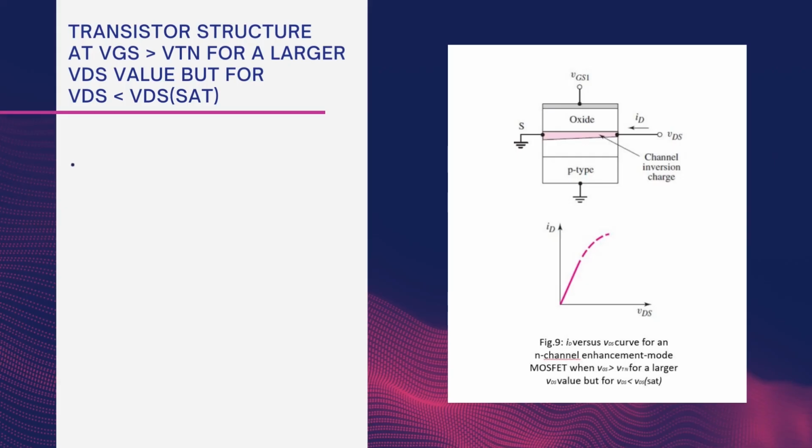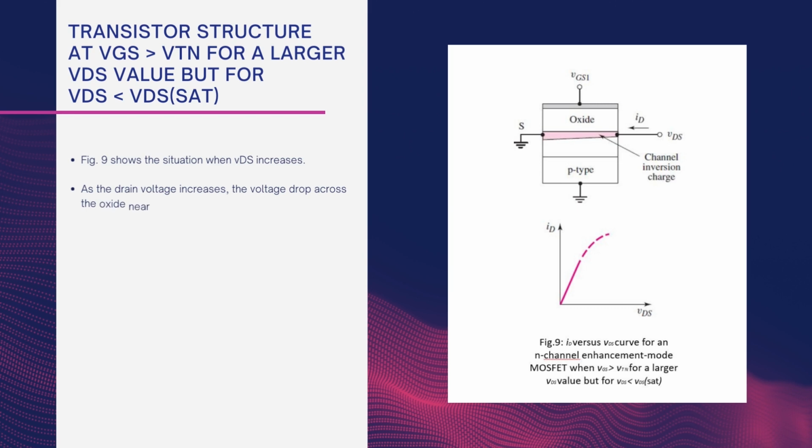Now, we will discuss the transistor structure for gate voltage greater than the threshold voltage for the condition that the value of VDS is larger, but it is less than the saturation voltage. Saturation voltage is represented as VDS sat.